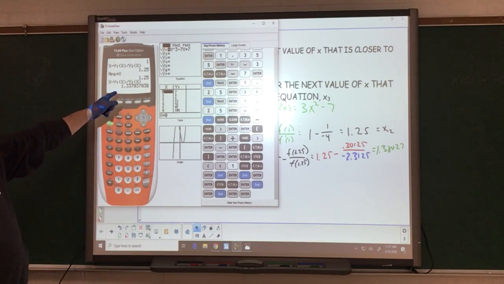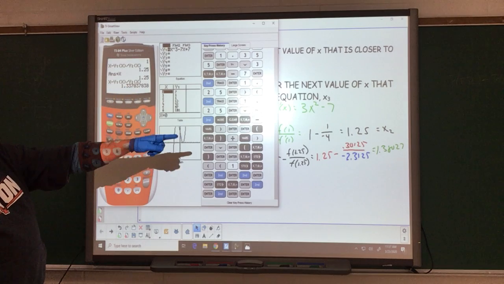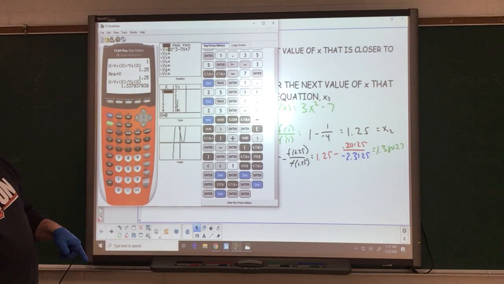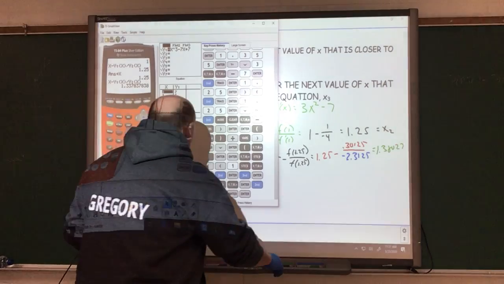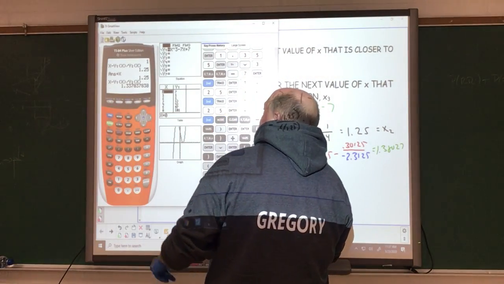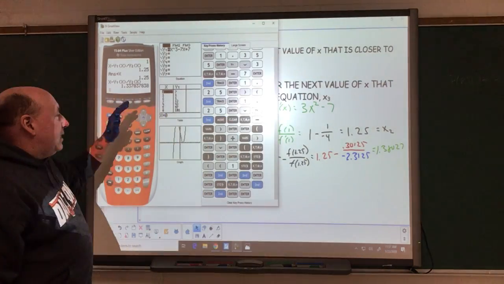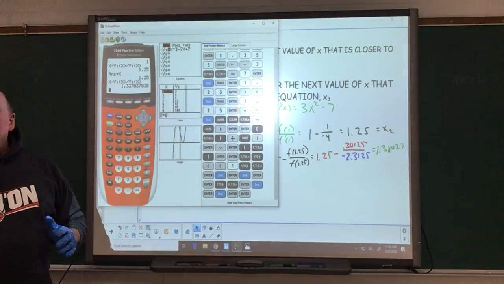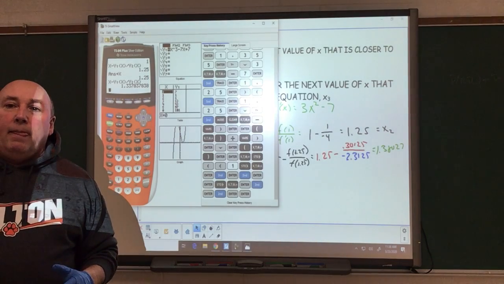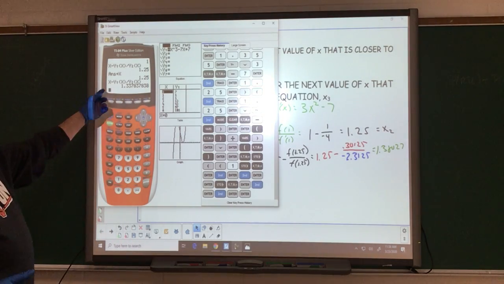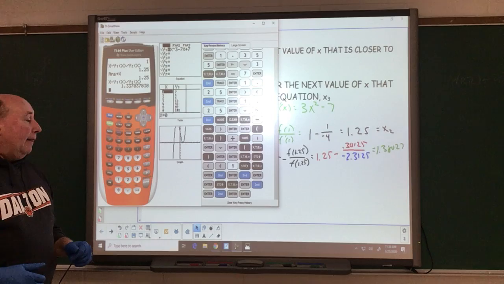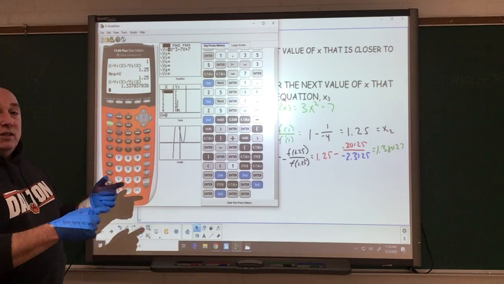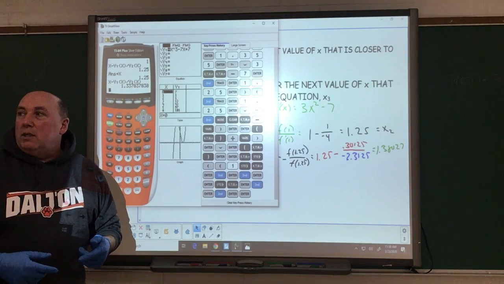I now get my 1.3378, which I was getting over there and didn't get correctly. You want to write all these decimal values out because we're going to look to see the point where it starts to repeat itself. So go ahead and write this value down. This is going to be my next value that I'm going to use to guess.